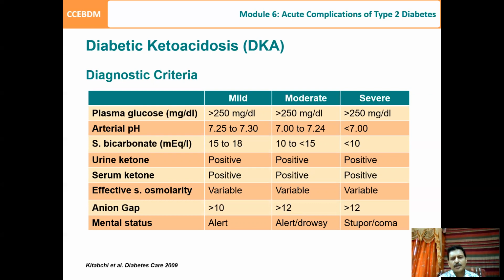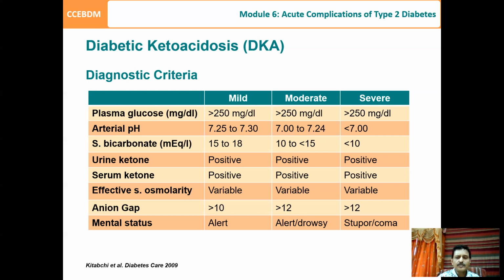So when the patient has a severe degree of diabetic ketoacidosis, they are in most situations having severe drowsiness, stupor or coma. So the neurological symptoms deteriorate over the progression of the disease, depending on its severity.